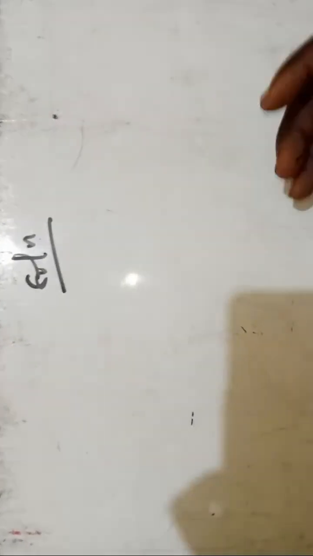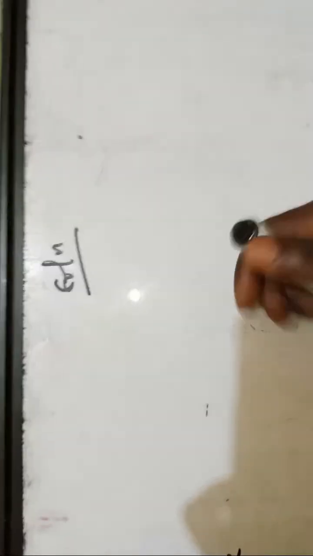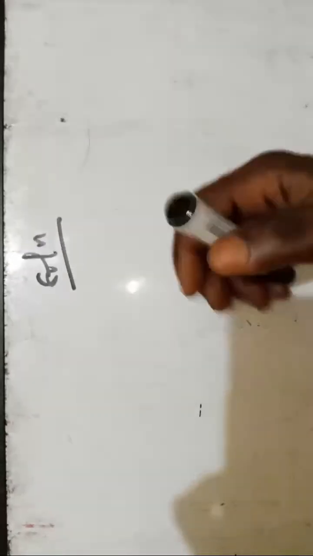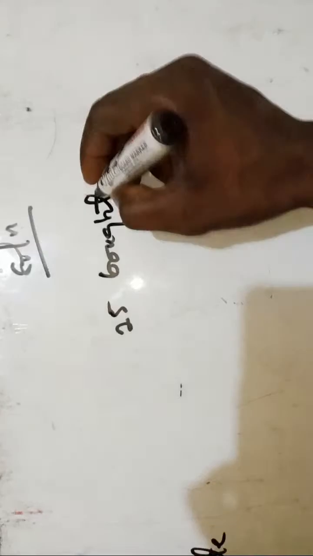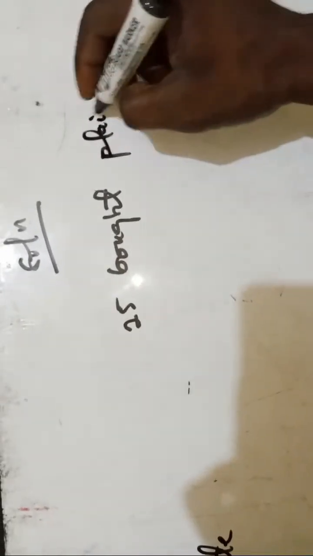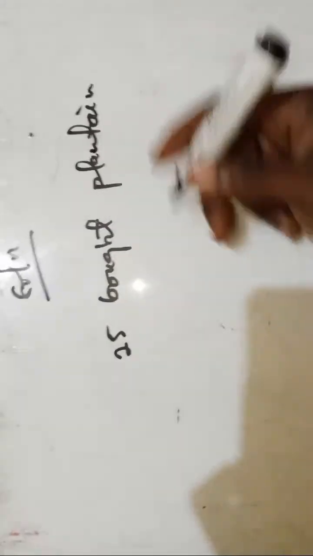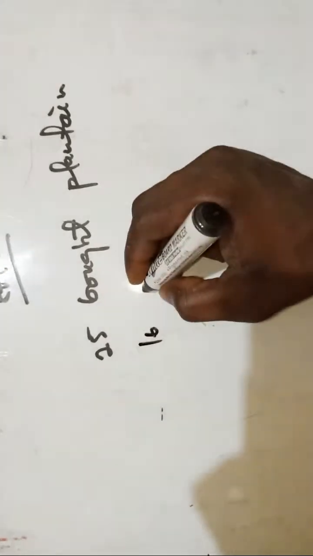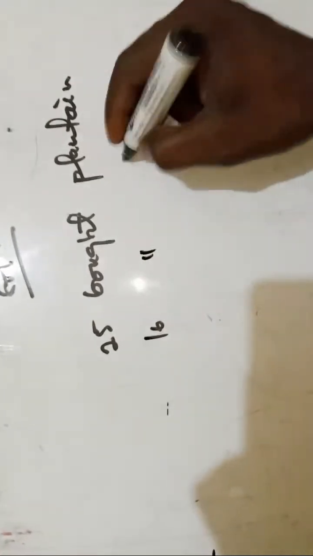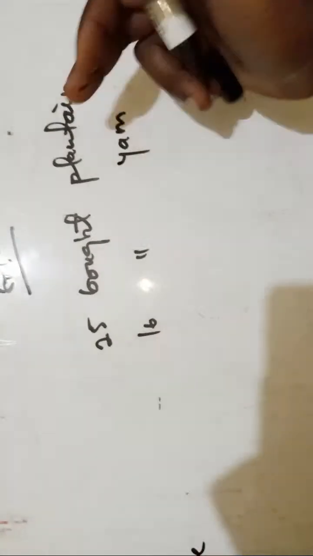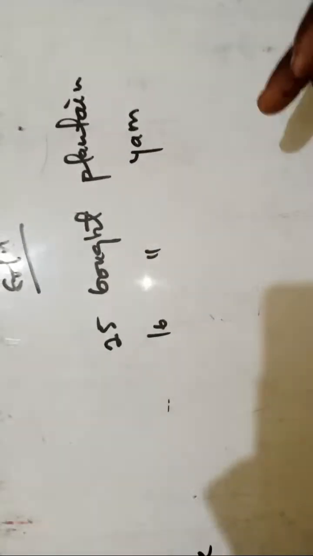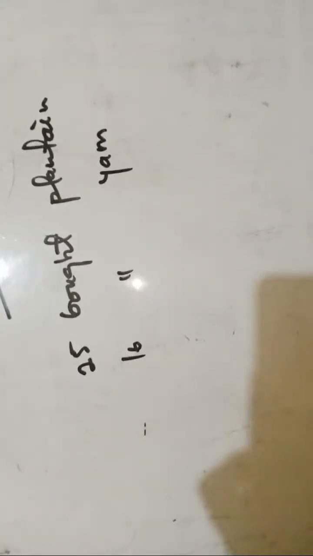If you don't want to go by the mathematical definitions, you can write that 40 customers visited a shop, 25 bought plantain, and 16 bought yam. Don't write it carelessly in an exam; make sure you write everything clearly. This is how you represent all the information before you start solving the problem. Now quickly, let's draw the Venn diagram.